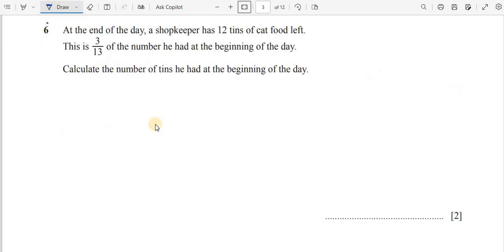Question number 6. At the end of the day, a shopkeeper has 12 tins of cat food left. This is 3/13 of the number he had at the beginning of the day. Calculate the number of tins he had at the beginning of the day. Let the number of tins he had at the beginning of the day be x.